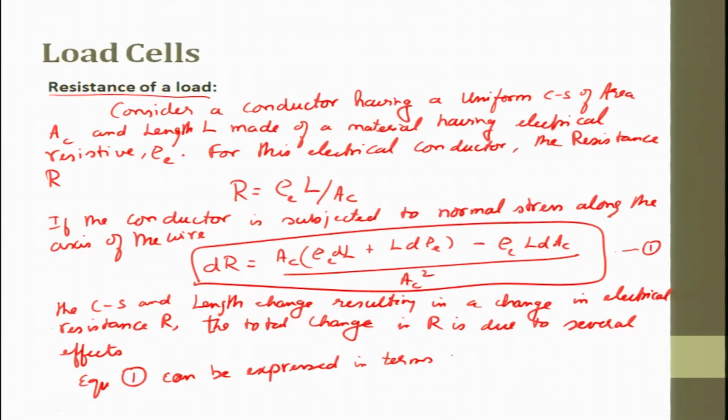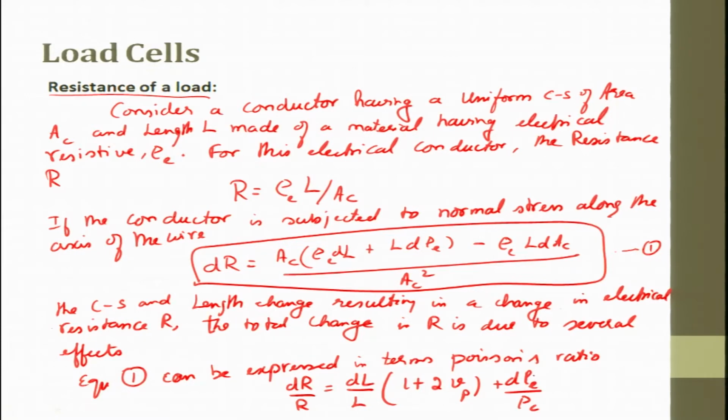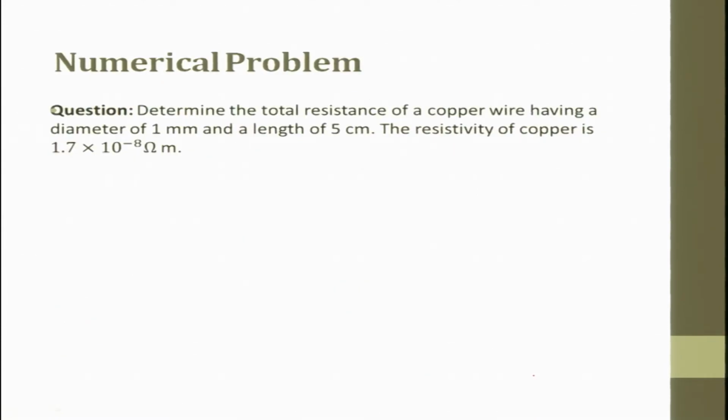We express it in Poisson's ratio because it is a material property known to us. So, dR by R equal to dL by L times (1 plus 2 Poisson's ratio) plus d rho E by rho E. Now, let us try to solve a problem and see.